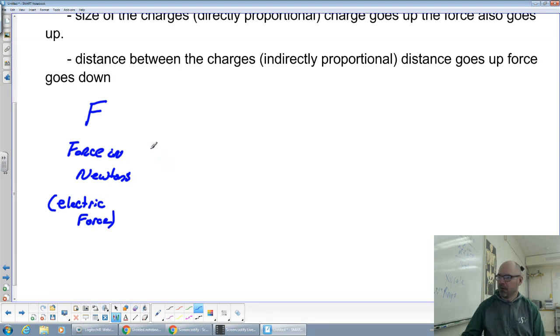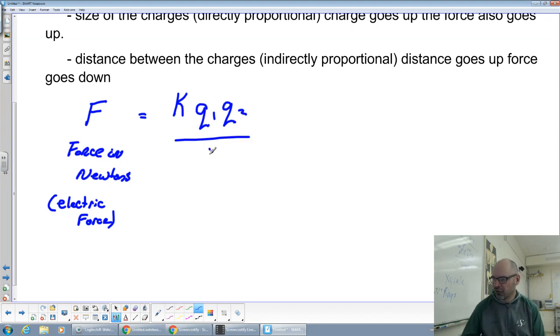Okay, is equal to K, which we'll say, Q1, little q, and Q2, they use Q for charges, over r squared. Okay, they use r for distance.